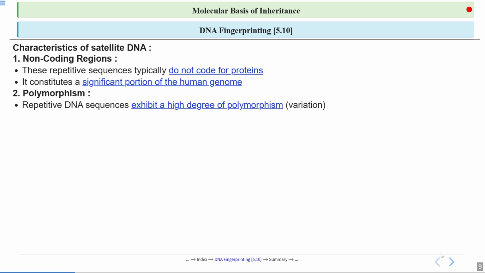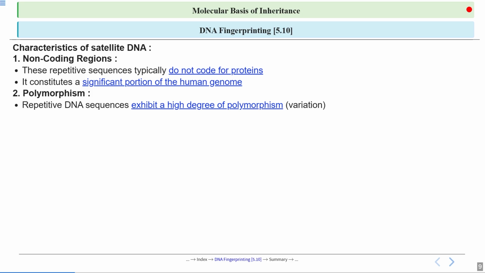Repeated DNA sequences exhibit a high degree of polymorphism, meaning they show variation among individuals. These are repetitive DNA sequences that do not even code for proteins, but they constitute a significant proportion of the human genome, and they show a high degree of polymorphism.